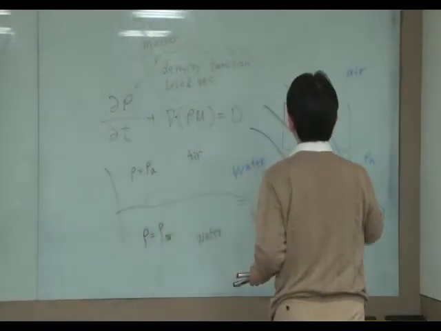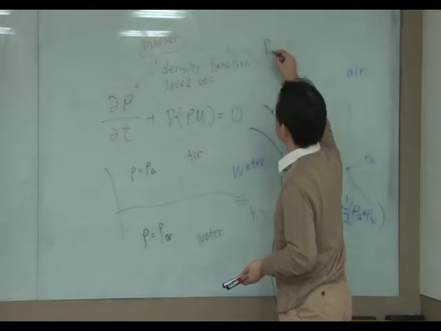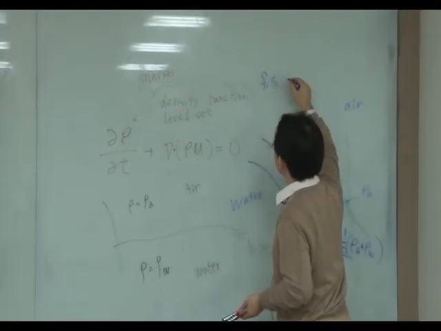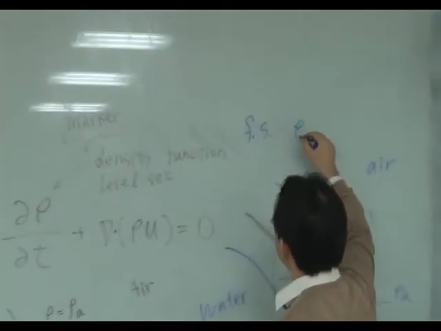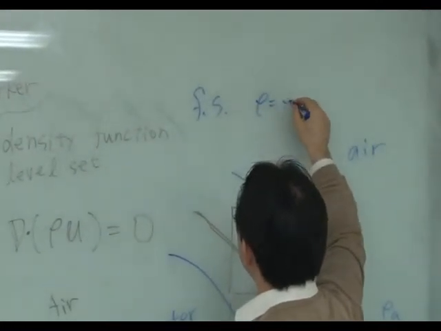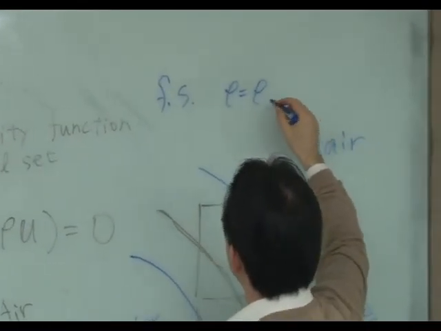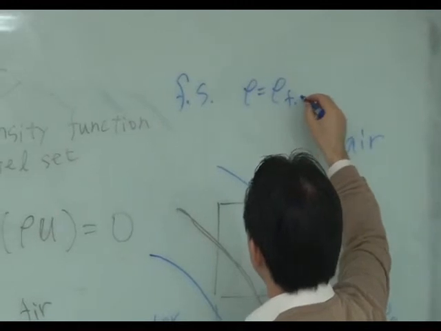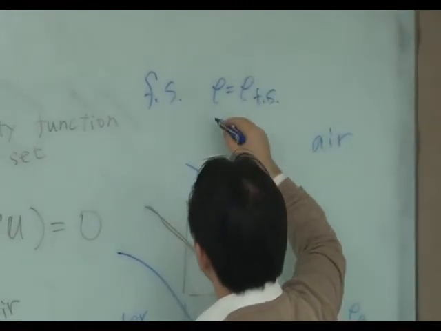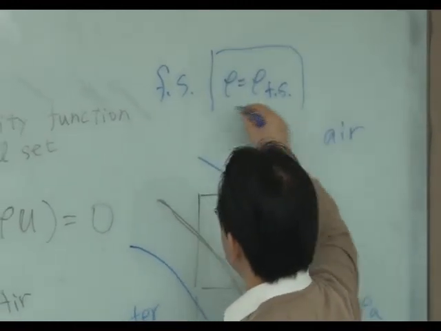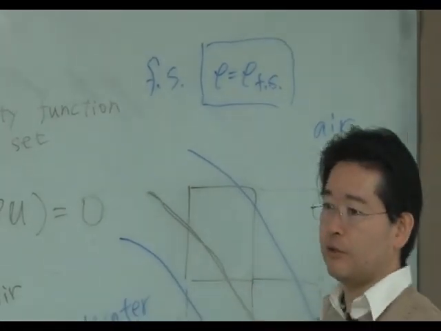So the definition of the free surface is rho equal to rho free surface. This is the definition of the free surface in this treatment.